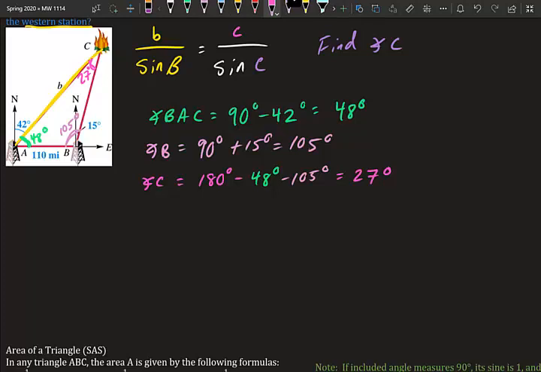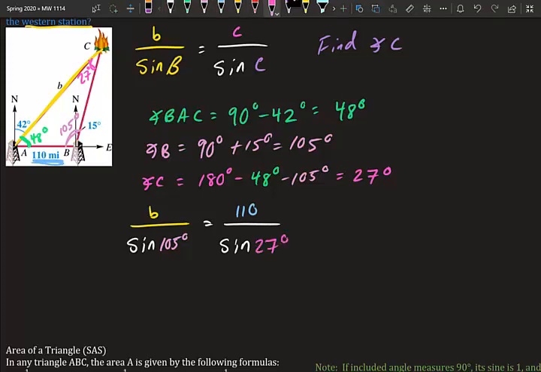Now we have it. Let's plug everything in. So side B is exactly what we're trying to find over sine B, our B angle is 105. And that equals C, side C, which is 110 miles right here, my bad, over sine C, which is 27 degrees.